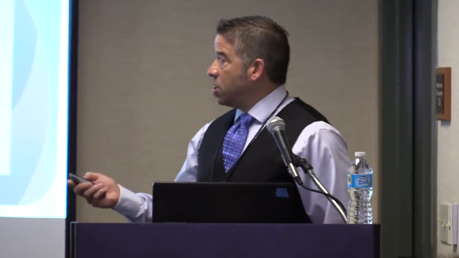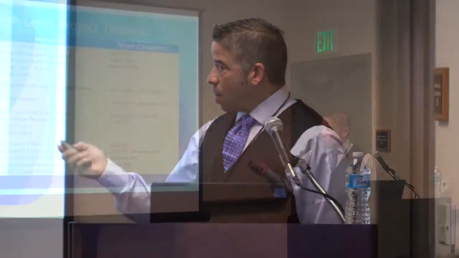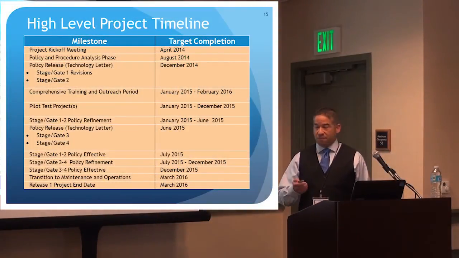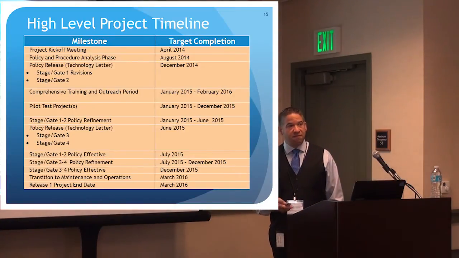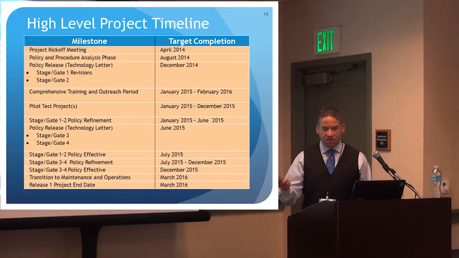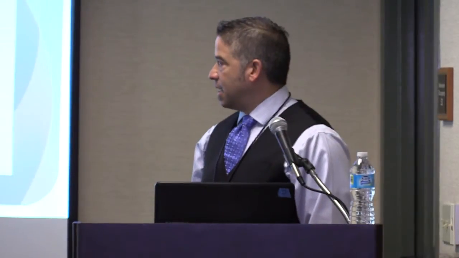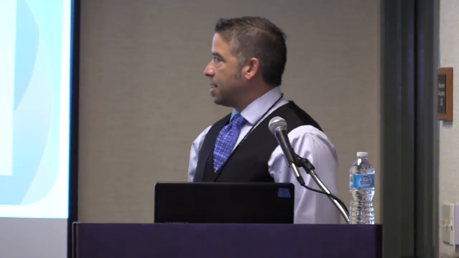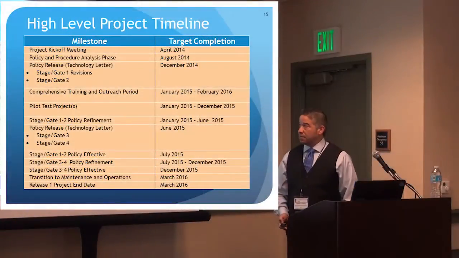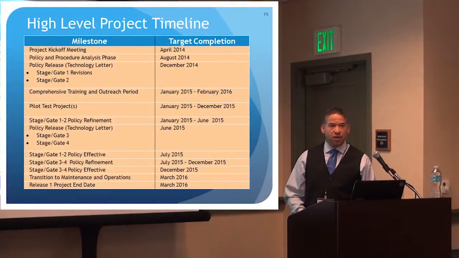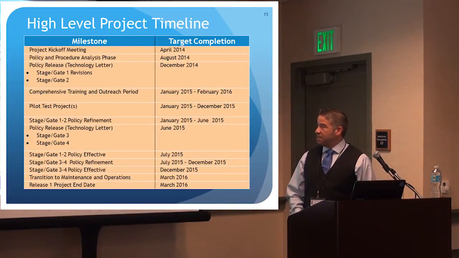When we do that, we'll also be able to incorporate refinements into stage gate 3 and 4, which will currently be in development at that time, so that we can make perfective changes to that policy and procedure before it's released. So, back to the timeline, we're looking at releasing the revised stage 1 and 2 at the end of the year with an effective date of June of 2015.